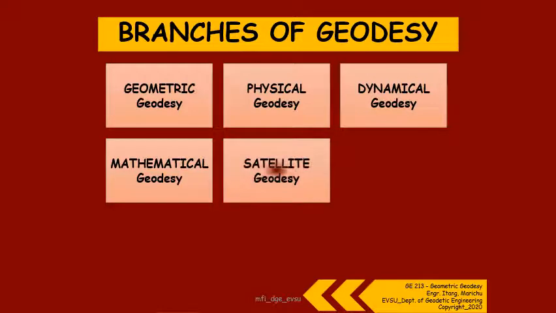Here, satellite geodesy, which is very common if this is your next subject next year, is concerned with using orbiting satellites to obtain data for geodetic purposes. So we use satellite objects, artificial satellites, to determine a position on the surface of the Earth, which is widely used today.